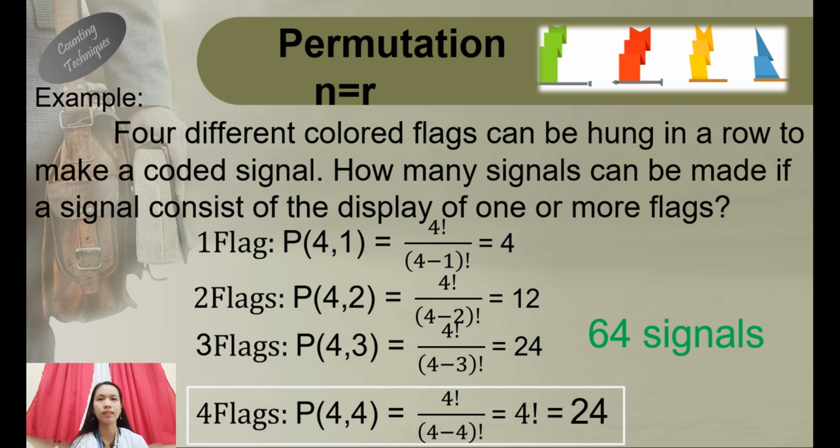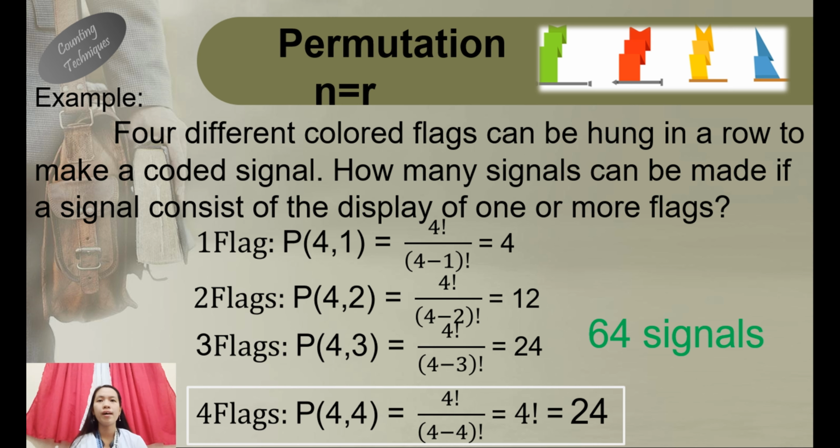On 4 flags, the permutation of 4 objects taken 4 at a time, we can use the formula that I've already discussed earlier, n factorial over 0 factorial, because our value of r is equal to n.